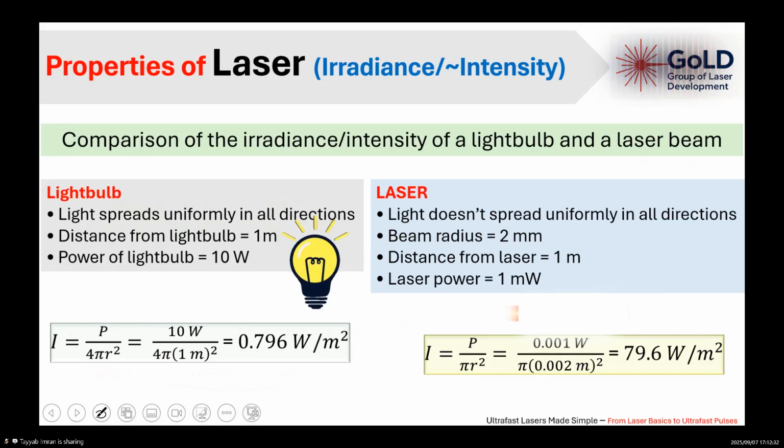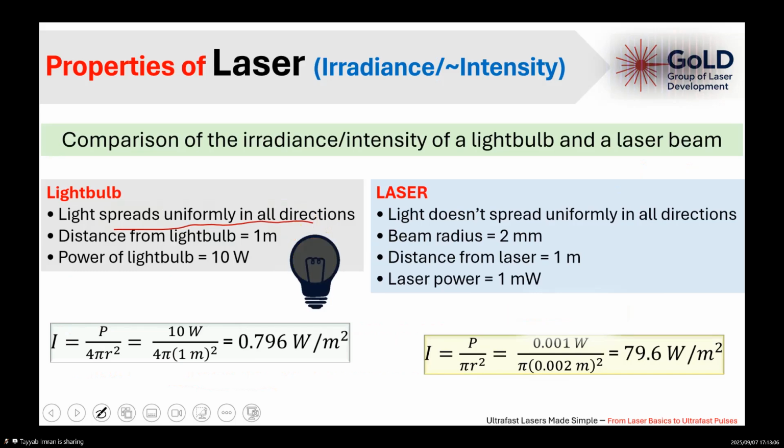On the left side, what you see is that the light spreads in all directions when it comes out from the simple light bulb. In case of a laser, it doesn't spread.